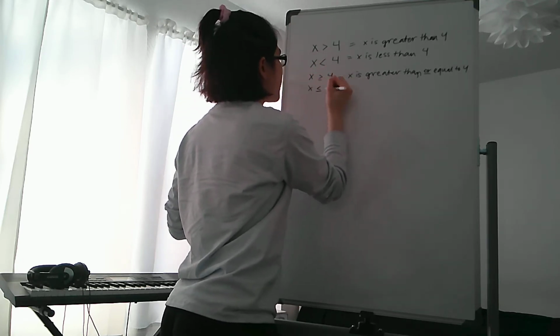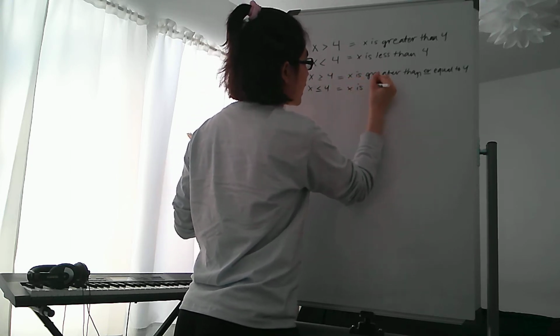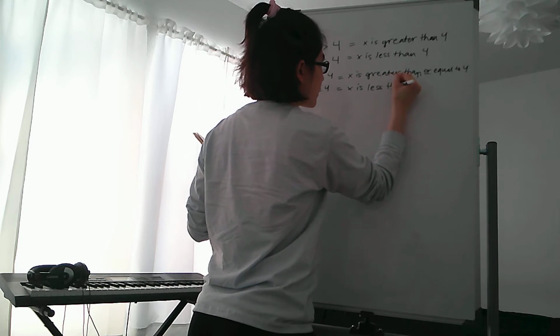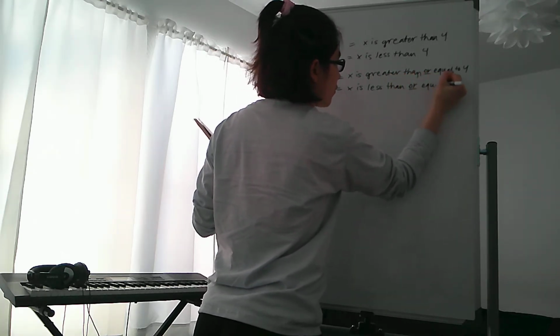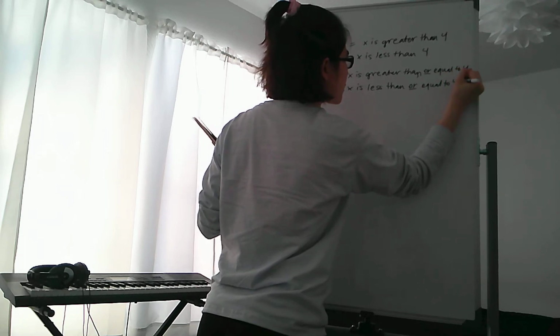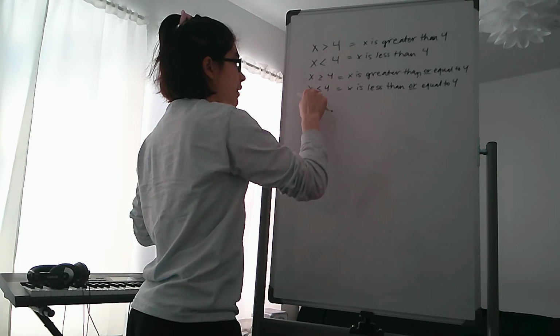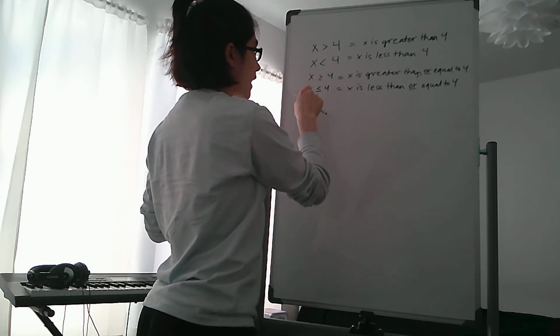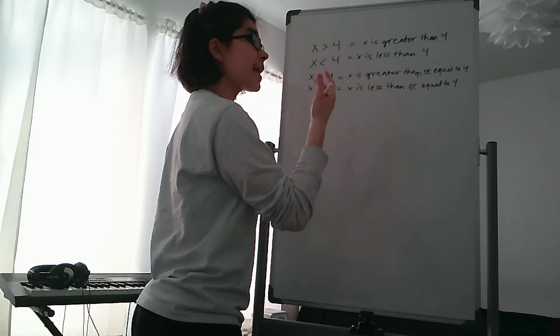And then the last one, X is less than or equal to 4. So it's a similar principle here. You've got your greater than or your less than, but when you've got that line underneath, that means you're saying it could also be equal to that number.